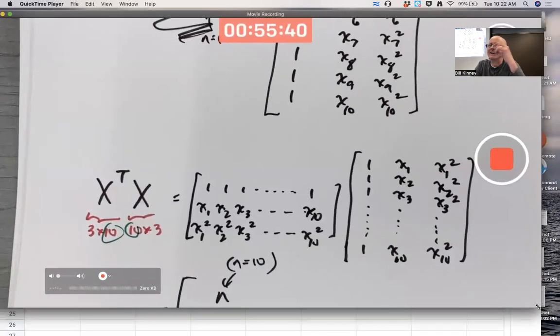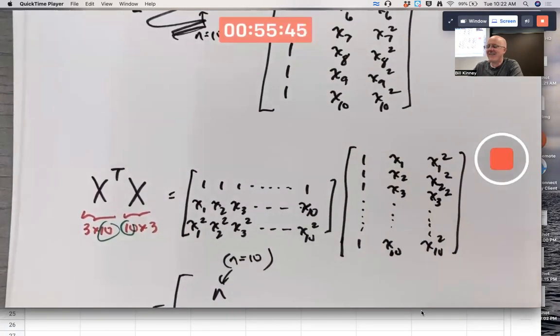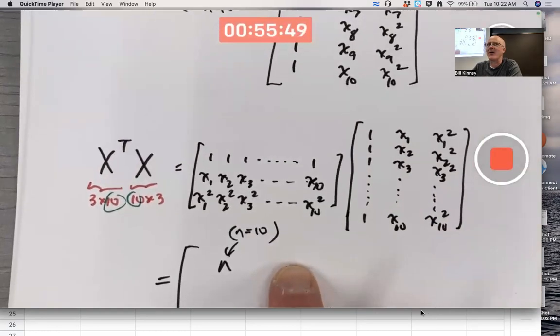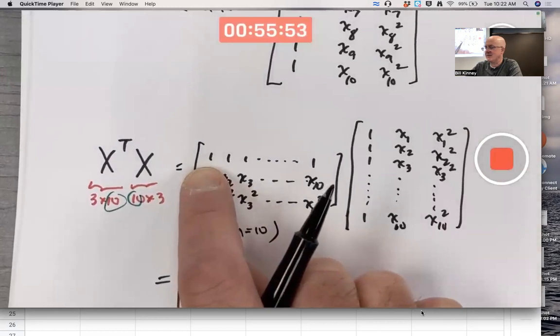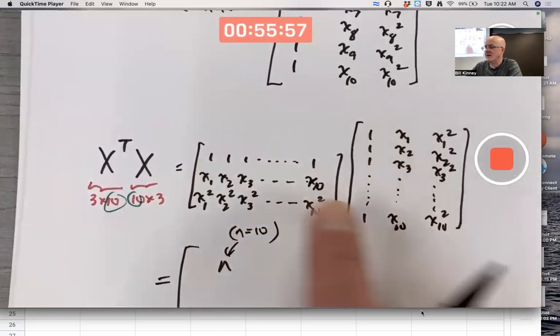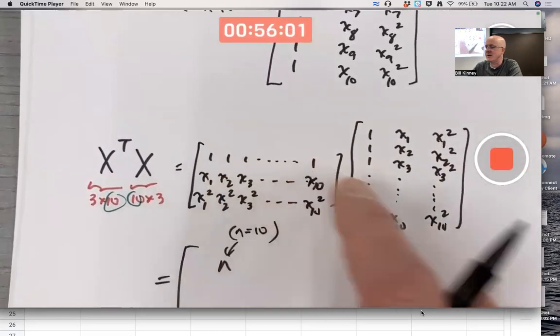I'm smiling. What goes in the middle spot of the first row? Do the dot product effectively of this row with the second column. 1 times x1 plus 1 times x2 plus 1 times x3 plus etc. through 1 times xn.